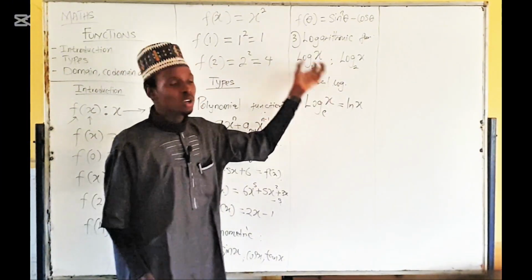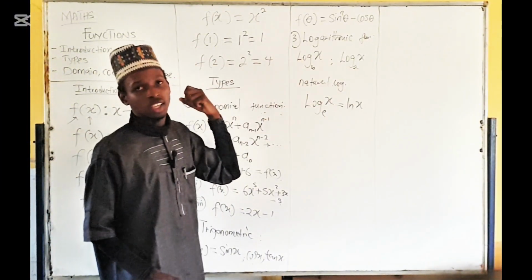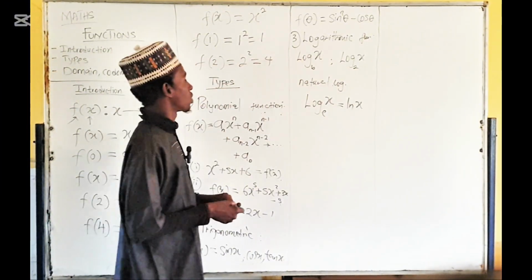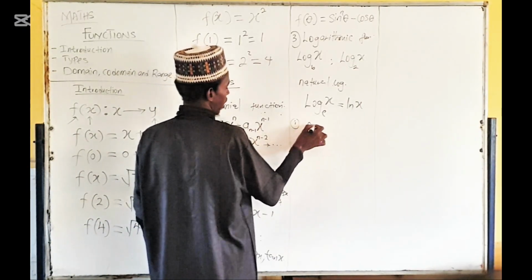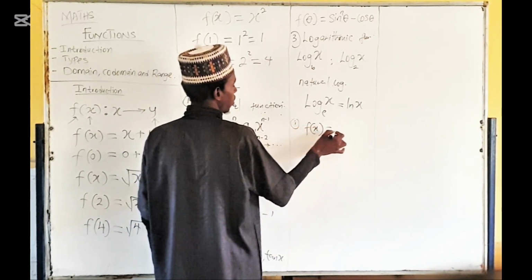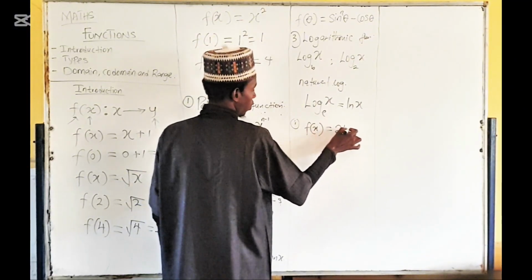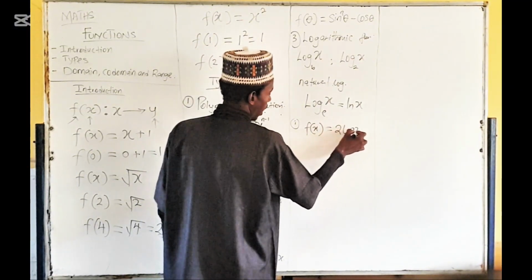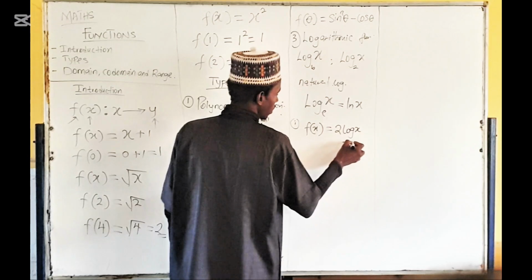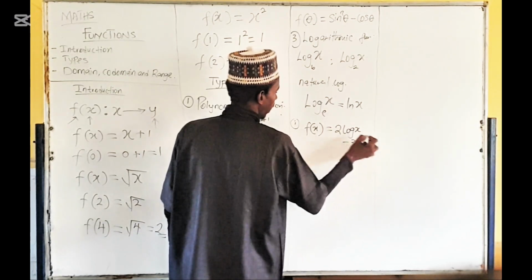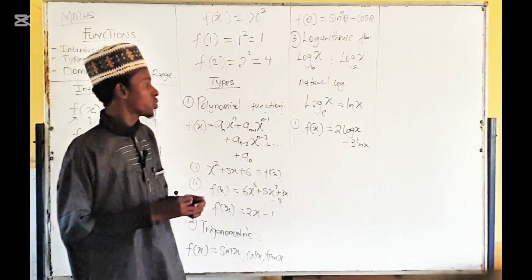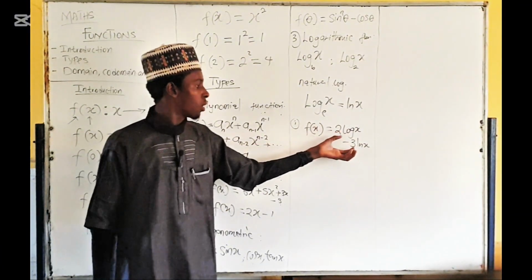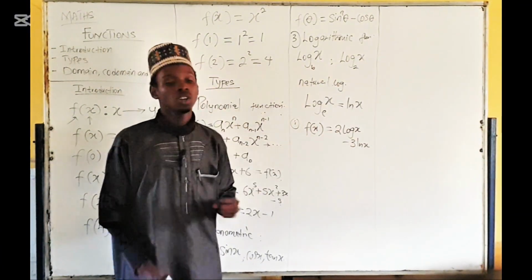So this one is also what? A function. It is called a logarithmic function or function of logarithm. For example, you see f of x is equal to 2 log x minus 3 ln x. So this one is a function which comprises logarithm, which means it is a function of logarithm.